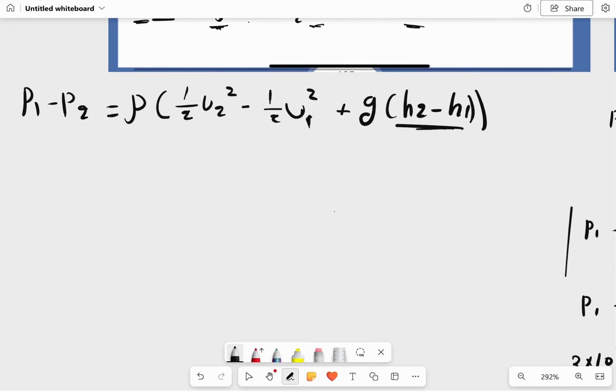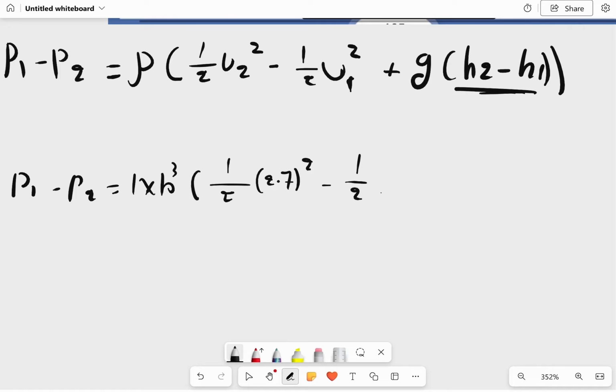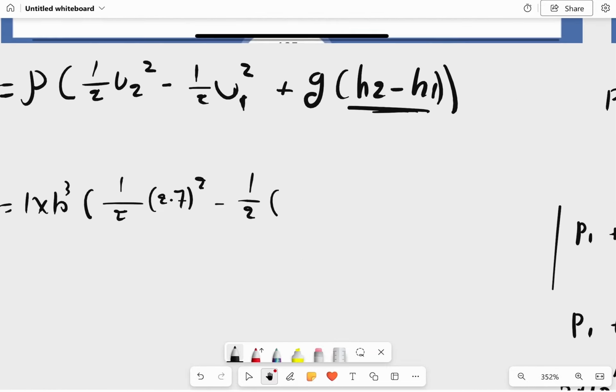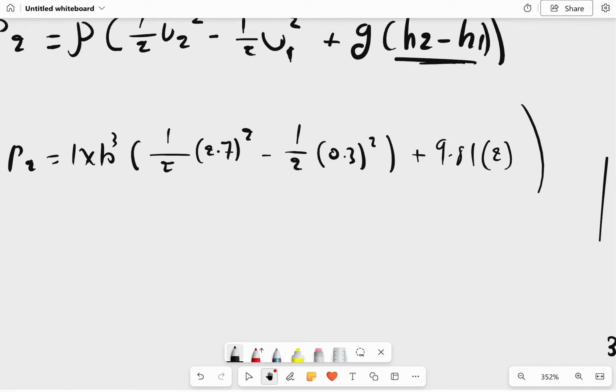Then, guys, this will be equal to what? Let's plug in the values that we have. Density is equal to 1 times 10 to the power of 3. Then 1/2 times V2, which we just found, 2.7 squared, minus 1/2 times V1, which we found to be 0.3, squared, plus 9.81 multiplied by 2.